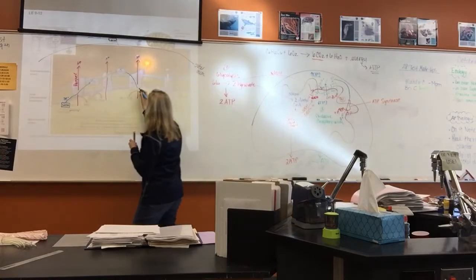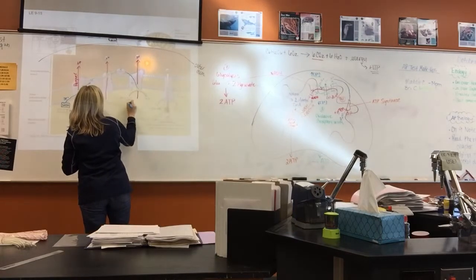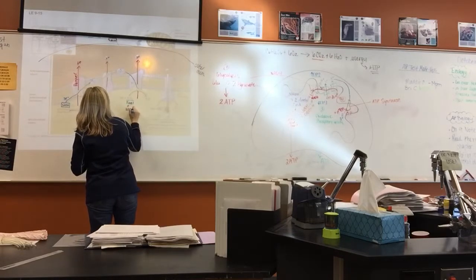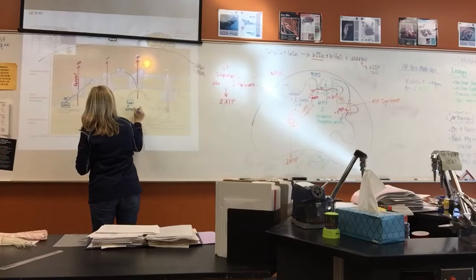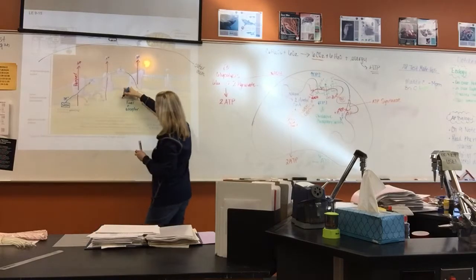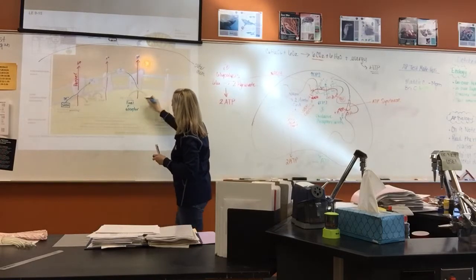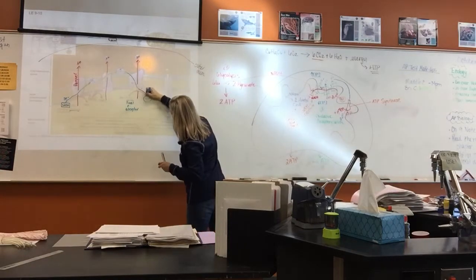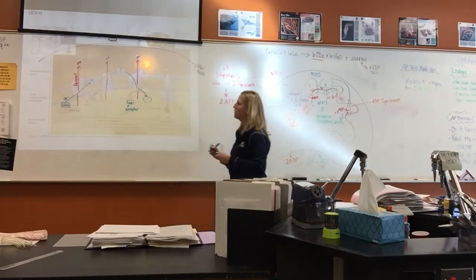And then those 2 electrons are at the end of the electron transport chain. Here's your oxygen, which is your final electron acceptor. And remember, the 2 electrons meet up with H plus and form 2 H's and a half of an O2, which is an O, and those electrons are now part of water.